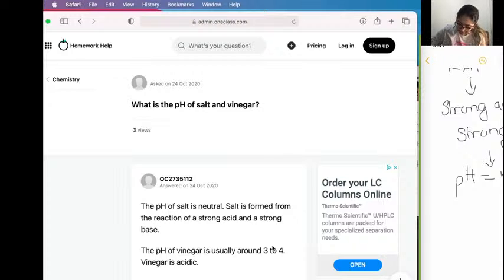an example I would say here would be a strong acid could be HCl, hydrochloric acid, aqueous, plus a strong base would be basically NaOH, sodium hydroxide.